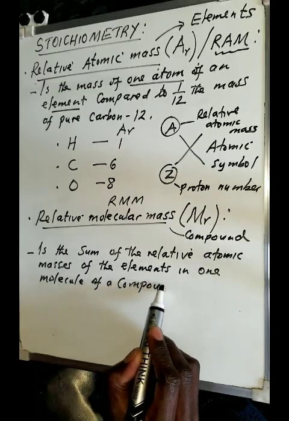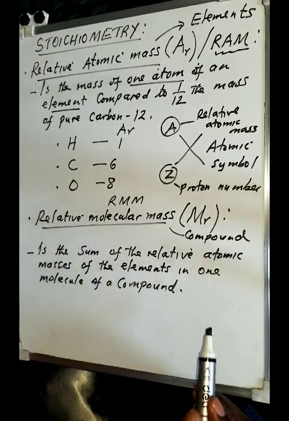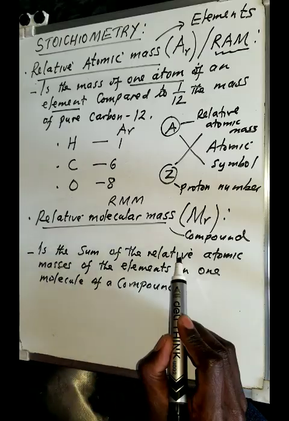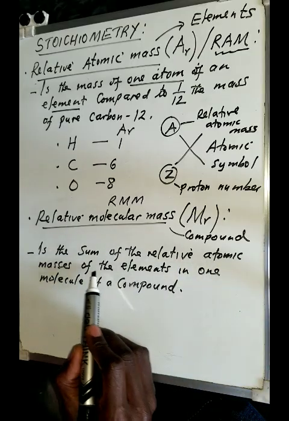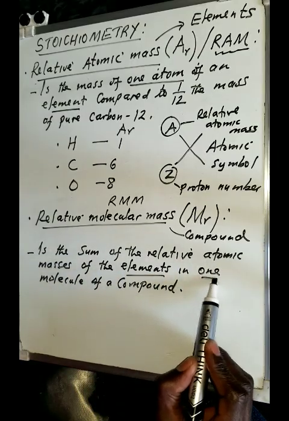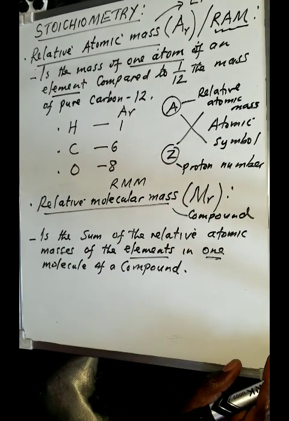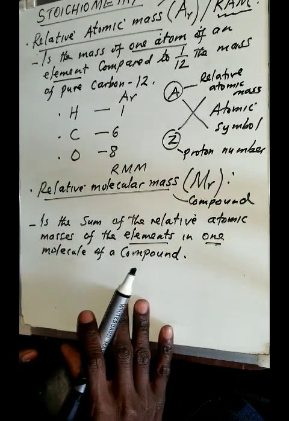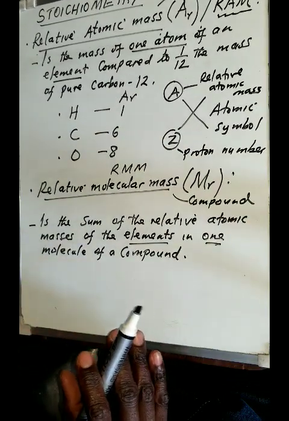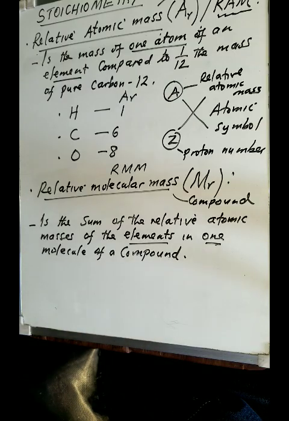So that is what we refer to as the Mr. So it is the sum of the relative atomic masses of the elements in one molecule of a compound. So that is what we mean. So what am I trying to say here, or what are we talking about there?